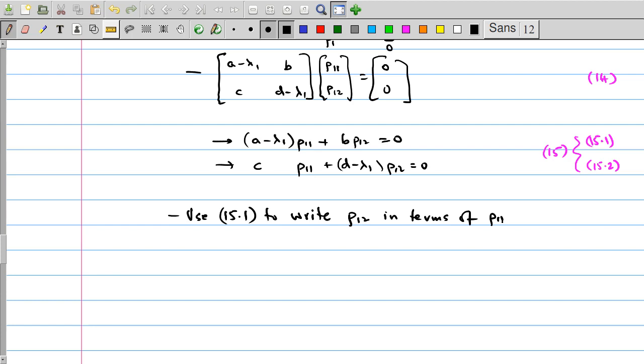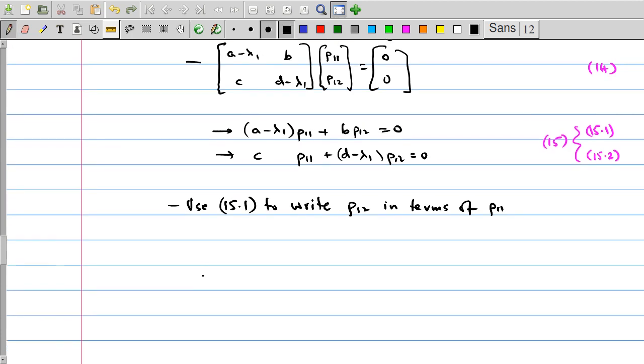Then we are going to do the same thing with 15.2, and we'll find that it's exactly the same equation. And that will require some hassle.